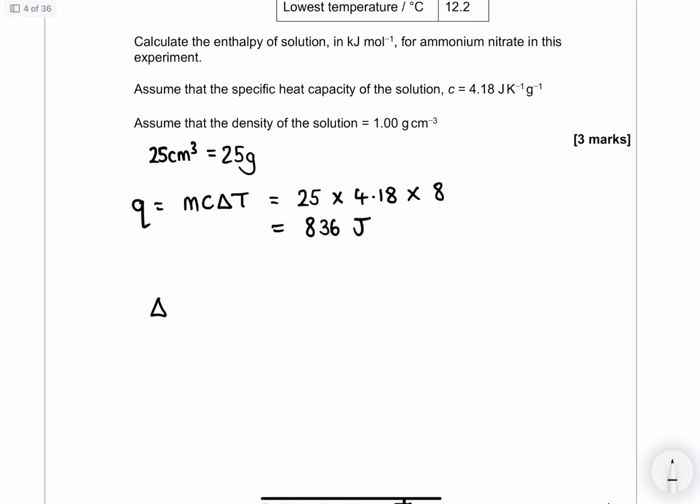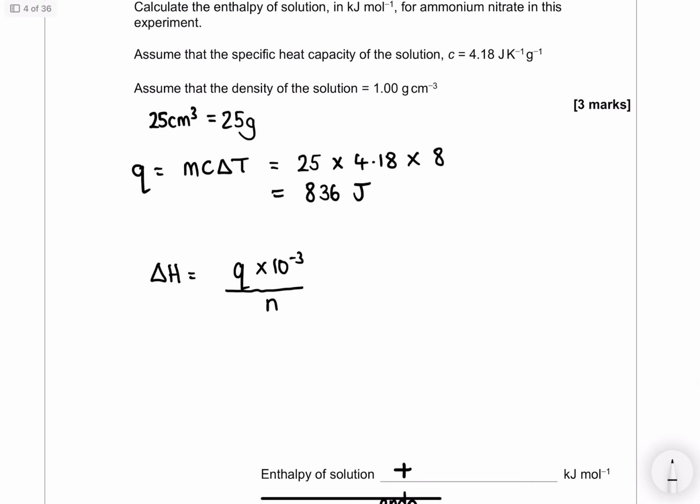To calculate delta H, which is a number in kilojoules per mole, we need to take Q, turn it into kilojoules, so I'm going to divide by 1,000, and then divide by the number of moles of ammonium nitrate we used. So we're going to need to work out the number of moles of ammonium nitrate by doing mass over MR. We used 4 grams, and we need to add up the MR of ammonium nitrate.